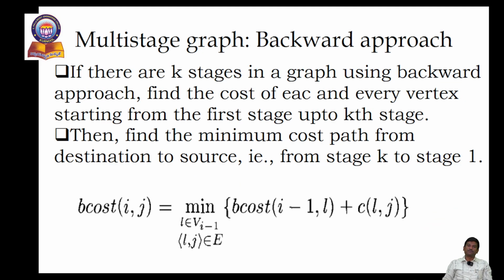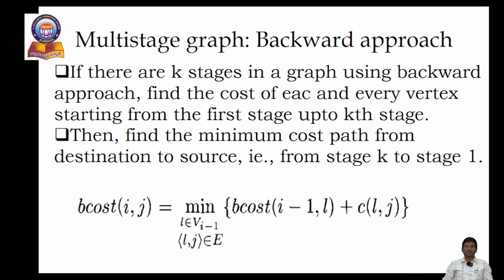And in the backward approach, there are k stages, and you should also find the cost as well as the path. Unlike in the forward approach, where we find the cost from the last stage to the first stage, in the backward approach you have to find the cost from the first stage to the last stage, and find the minimum cost path from the destination to the source, that is from stage k to stage 1.